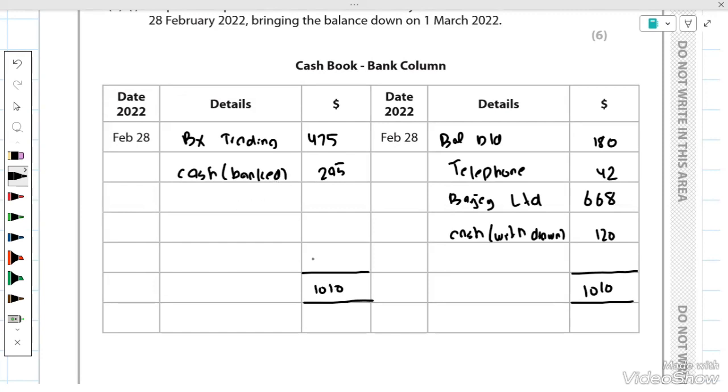So our debit side is shorter. So just subtract this 475 and 25 from the 1010. So we have balance c/d, which is 240, and it will be balance b/d. So it means that we have a negative balance in our updated cash book.